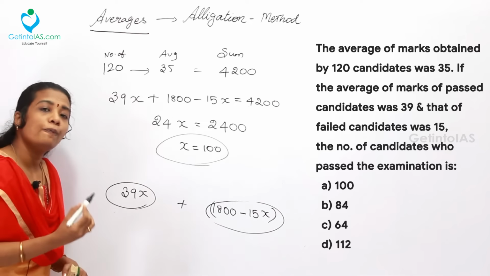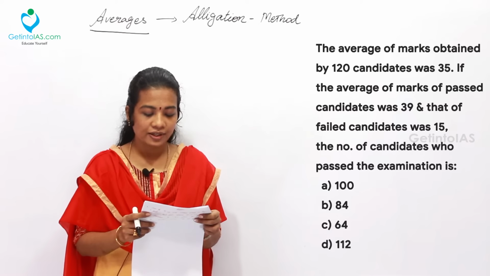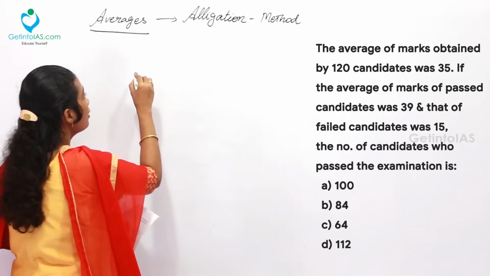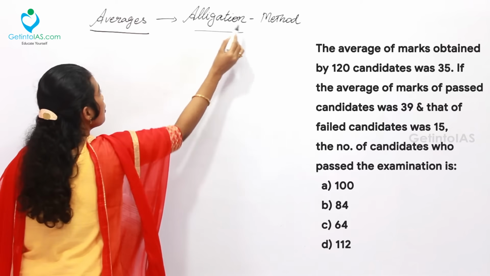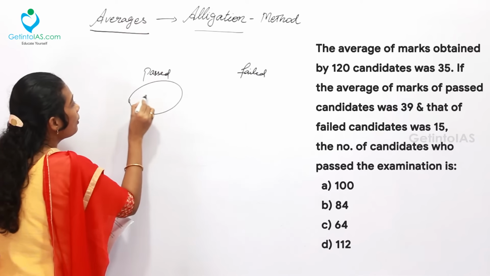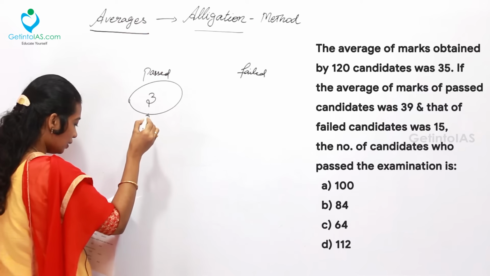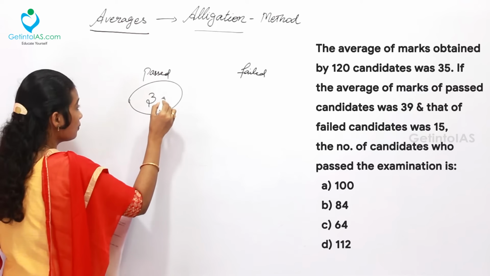Okay, let's do the same problem under the alligation technique. So given total number of students are 120 and the average of marks of passed candidates was 39. So here under this alligation method I am doing passed, failed here. What is the average marks got by passed? 39, and by failed was 15.